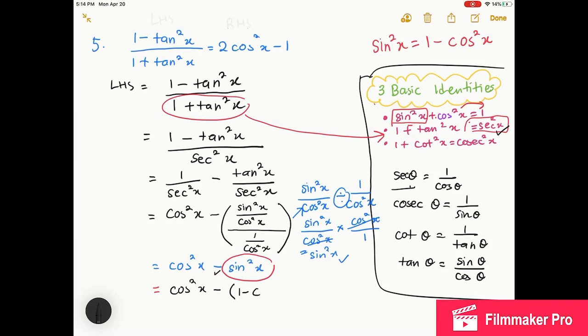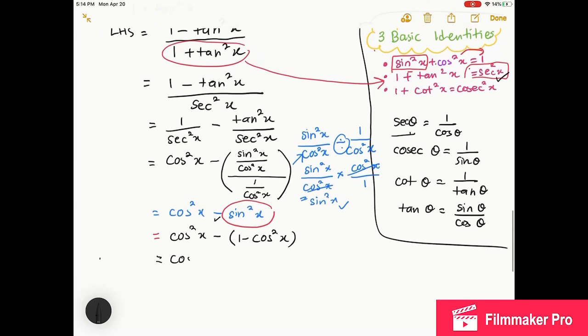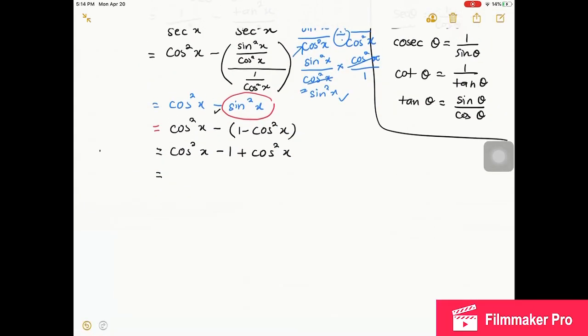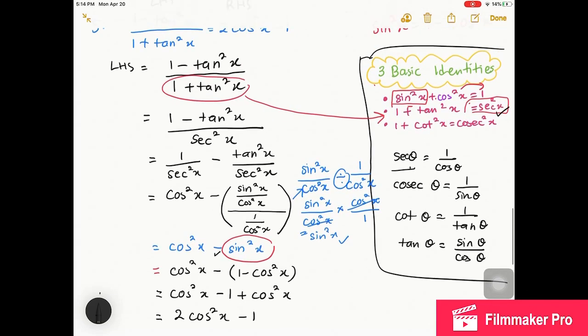Remember, negative sign here. You have to be careful with negative sign. Okay. So if we expand that, we will get cos square x minus 1 plus cos square x. So cos square x plus cos square x, you will get 2 cos square x minus 1.